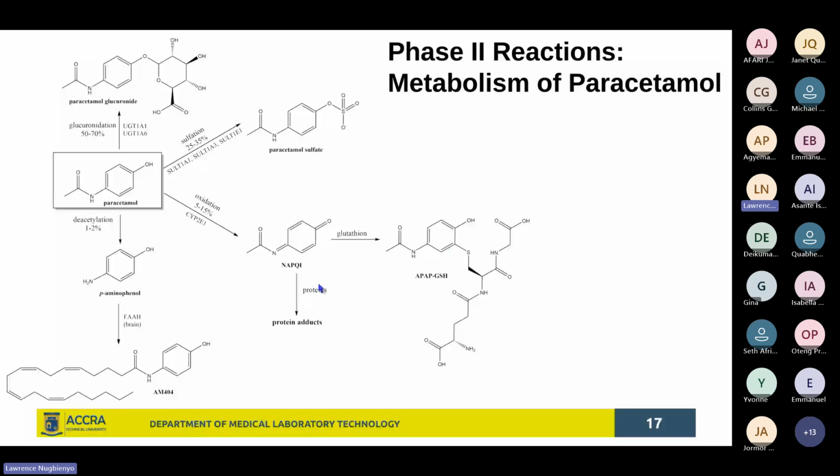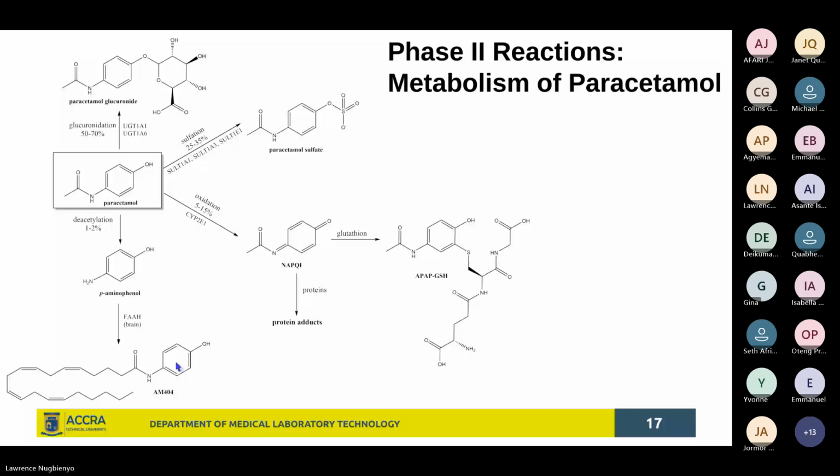Even in the brain, for instance, deacetylation is also occurring here, where the acetyl group on the nitrogen is removed, and so you are just left with an amide group on the ring on the left hand side. And further, you can have conjugation of a fatty acid. This, I think, should be arachidonic acid. So a fatty acid also gets conjugated to that molecule of paracetamol.